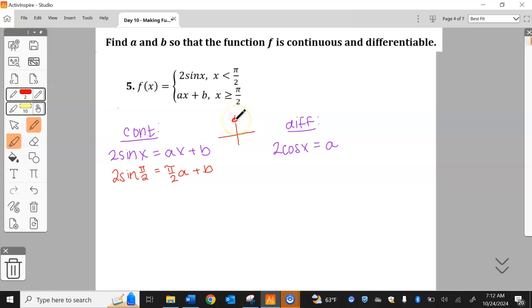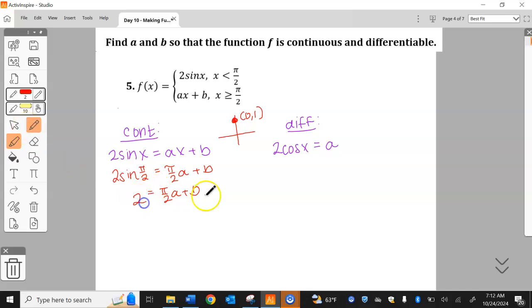So pi over 2 is over here on the top of the y-axis. Sine always goes with your y value. So my y value is 1. So this is 2 times 1 equals pi over 2a plus b. And then I'm just going to simplify my 2 times 1, make it 2.